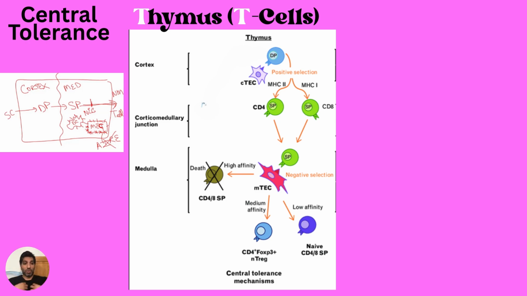This is our stuff that's being presented to these cells, and if they bind it too tightly, they die. If they bind it medium tightly, medium affinity, then they become regulatory T cells, which we'll talk about in a second. And if they have low affinity, they don't bind it. Great, they pass negative selection. They can go on and they can live.